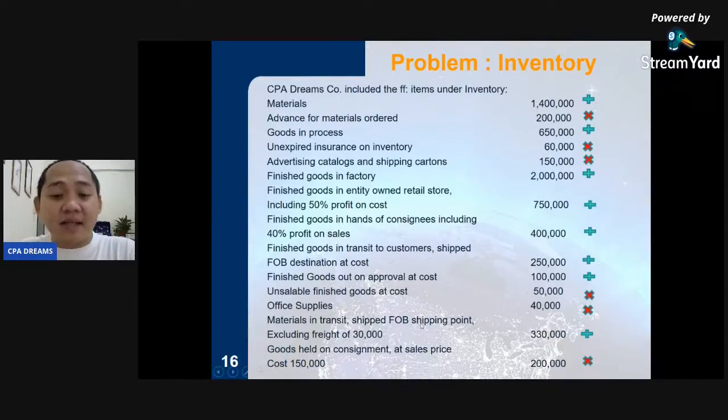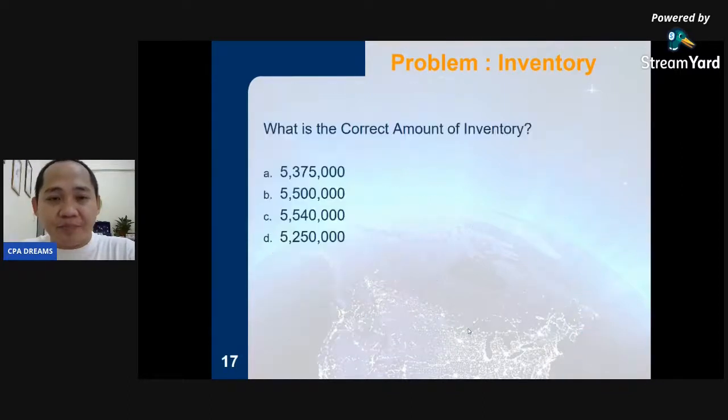Materials in transit, FOB shipping point, in-exclude ang freight, shipping point yan, so kailangan isama mo din yan. Now, goods held on consignment at sales price, cost 150. Ang amount na nalagay dito is 200,000, so ibig sabihin, ito is pinabebenta lang, so hindi siya kasama.